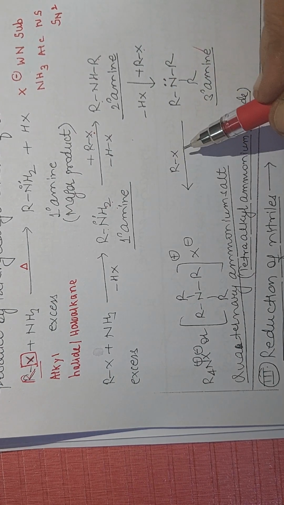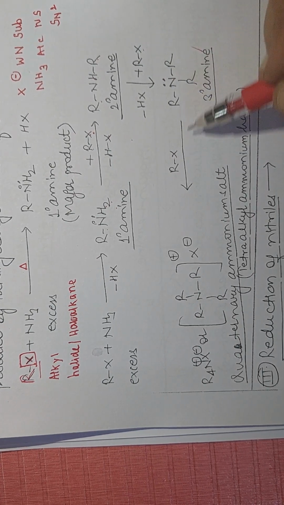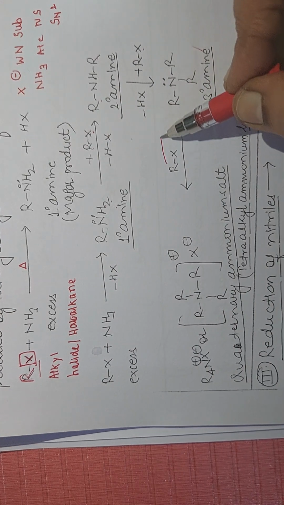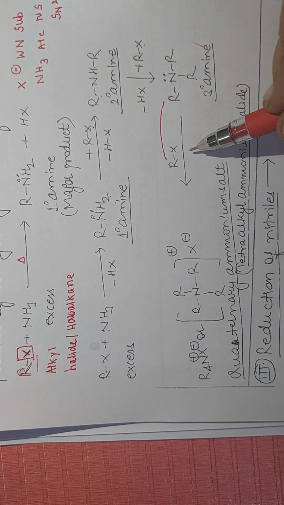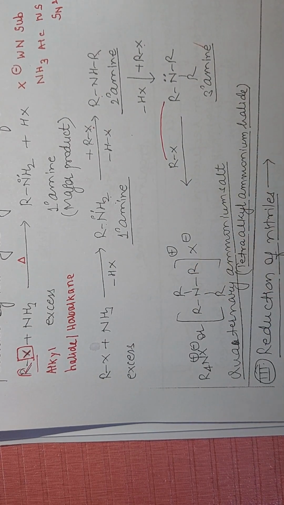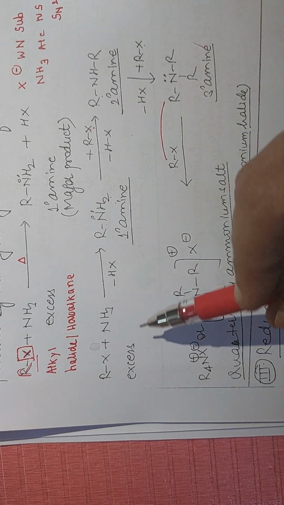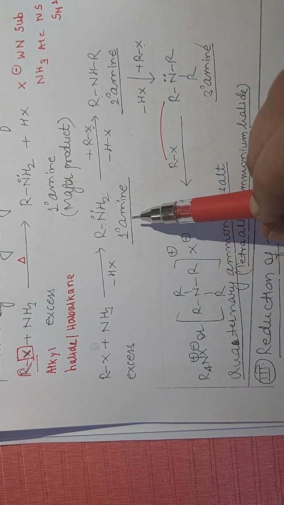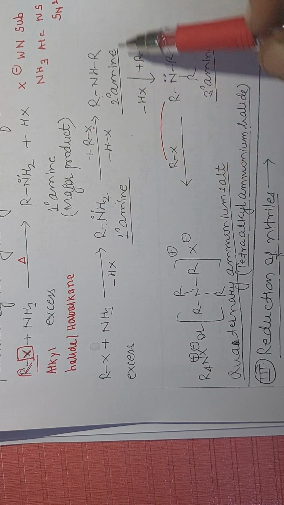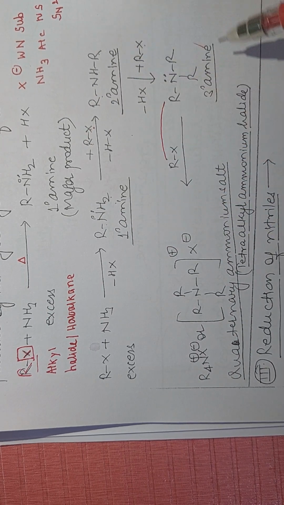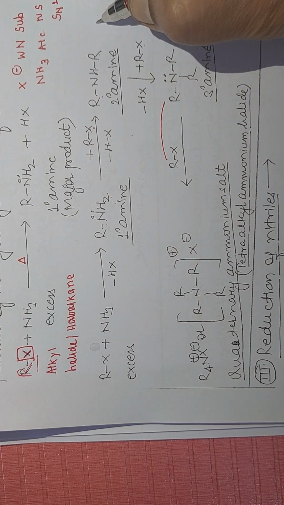Again on treatment with RX, RX will be added to this tertiary amine. We will get quaternary ammonium salt. So the disadvantage of this method is that a series of amines, primary, secondary and tertiary, and quaternary ammonium salts are obtained.